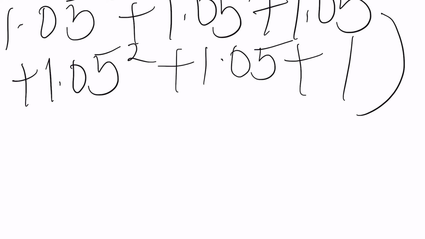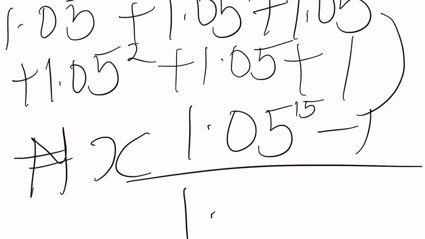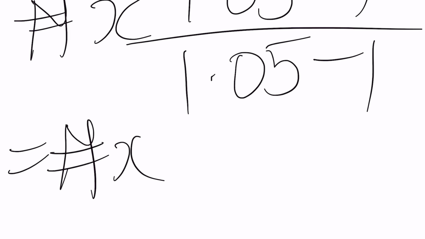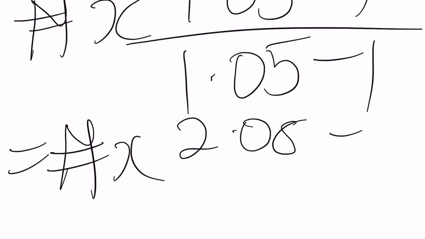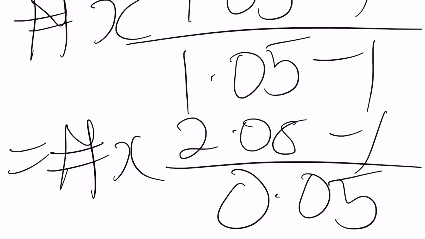Now we already have it. Using also the sum of terms of a geometric progression, we have it to be X into bracket 1.05 raised to power 15 minus 1 over 1.05 minus 1. So we have it to be X naira 2.08 minus 1 over 0.05.